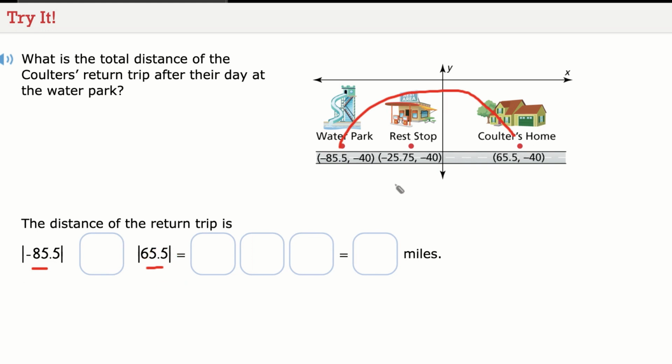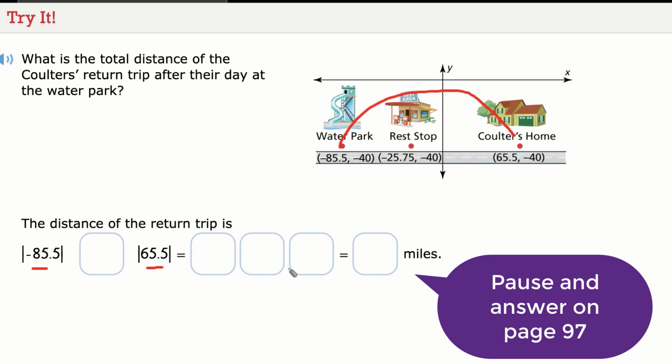Again, the y-coordinates are the same, so you need to do something to their absolute value. So you have to decide, am I adding these two? They're on opposite sides of the axis. Or do I subtract these two? And then put those answers here, and then find the final answer here. So take a minute to do that. Pause the video, please.